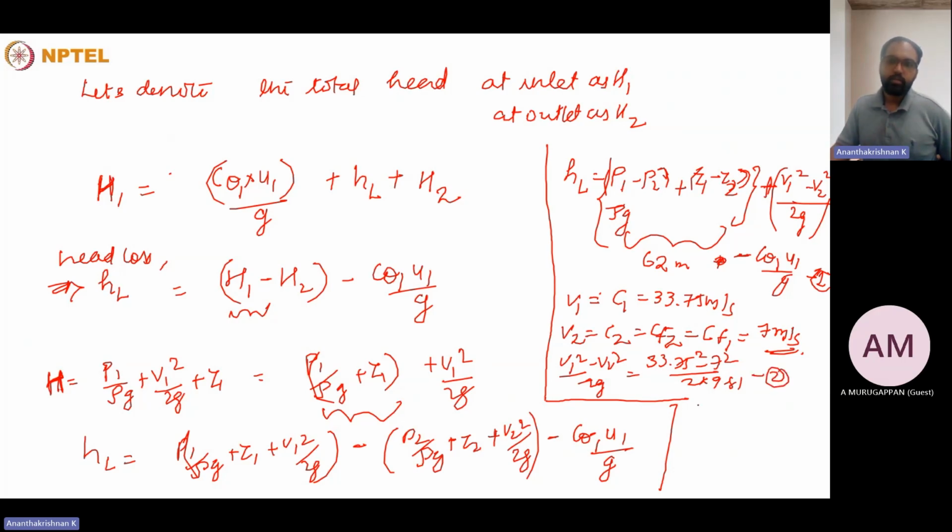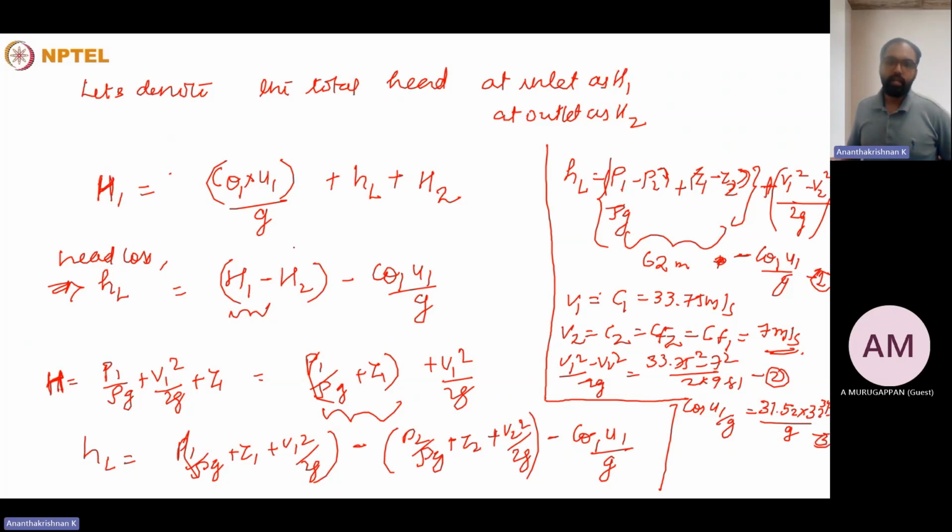The final term is C theta 1 U1 divided by g. That will be C theta 1, the tangential component of the inlet velocity, 31.52, multiplied by U1, the blade or bucket velocity at the inlet, 32.39, divided by g. We can represent it by 3.